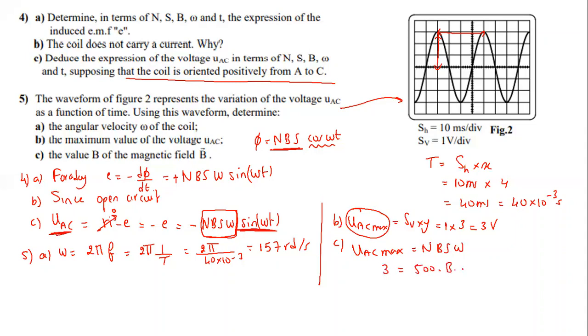We must find B. We have the surface equal to 10 times 10 to the power minus 4, and we have omega 157. So by dividing, we'll get B equal to 3 over all this, so it's 500 times 157, and the answer will become 0.038 Tesla.